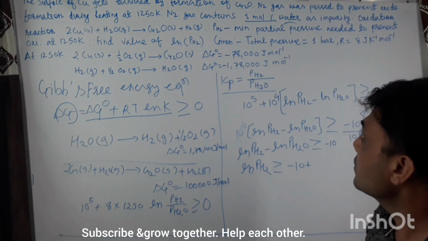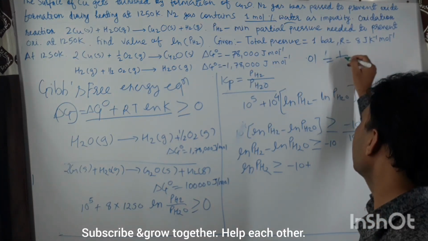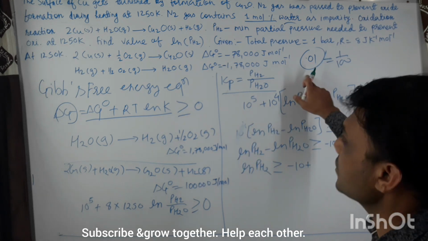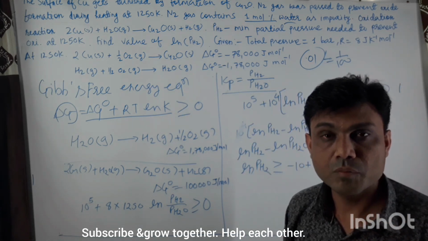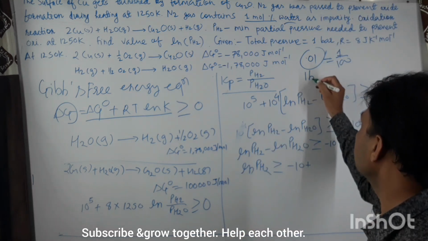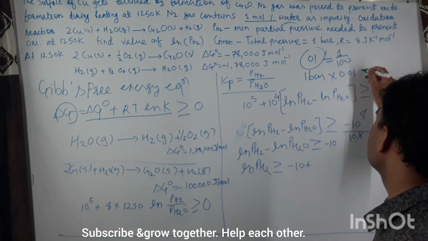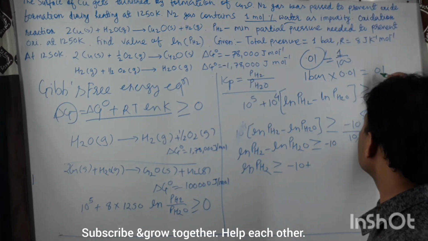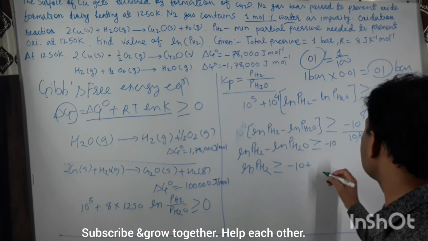That means 1 by 100. It is 0.01. And this pressure is directly related to the mole fraction. Clear? So total pressure is 1 bar into its mole fraction. It will become 0.01.